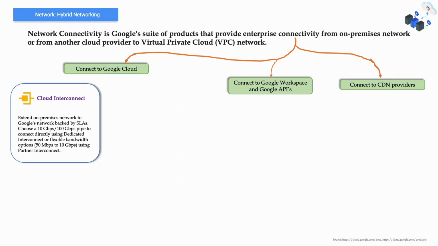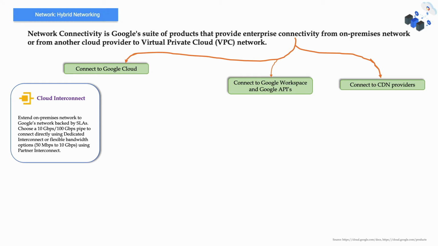When I say pipe, you can choose up to 8 10-gigabytes-per-second pipes, so that means a total of 80 gigabytes per second. Or if you are using a 100-gigabytes-per-second pipe, you can go up to 2 of them, so that takes it to 200 gigabytes per second. So in a sense, from 10 gigabytes per second all the way to 200 gigabytes per second of connectivity you can get using Dedicated Interconnect.